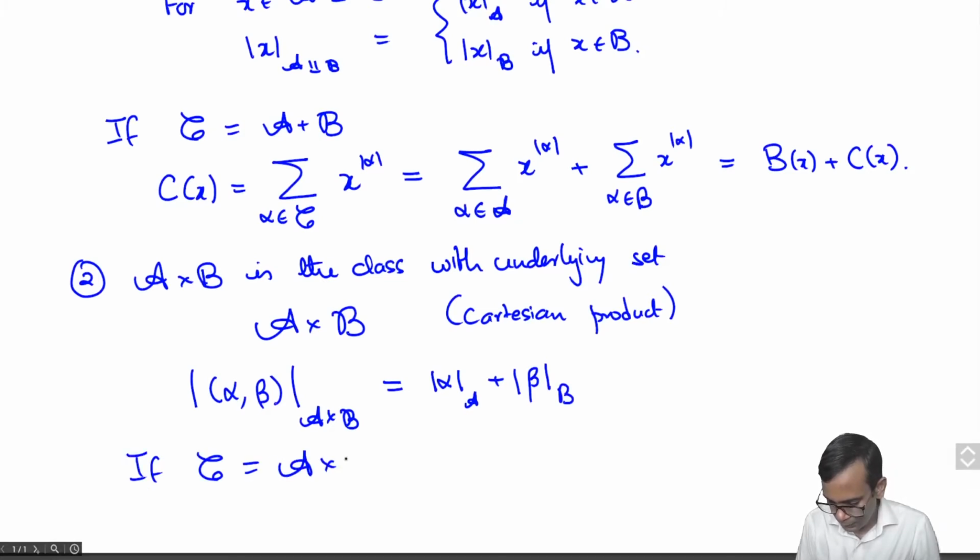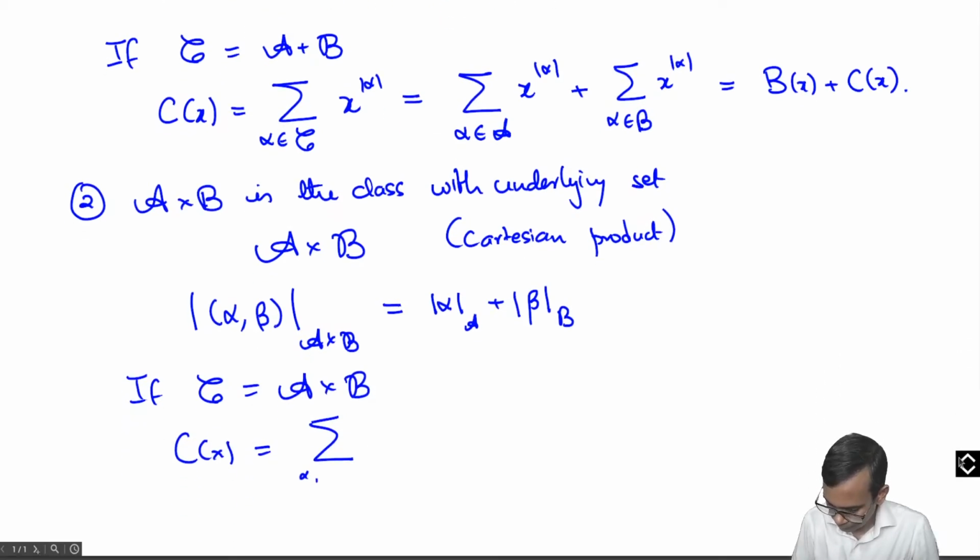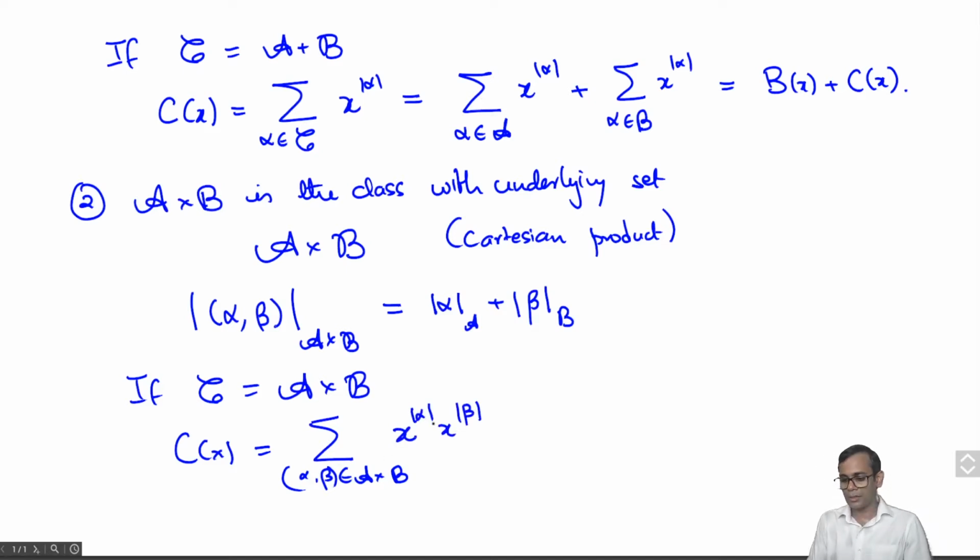And then we have that if C is A cross B, then C(x) is the sum over (alpha, beta) in A cross B of x to the power size of alpha times x to the power size of beta, because it was just x to the power size of alpha plus size of beta.